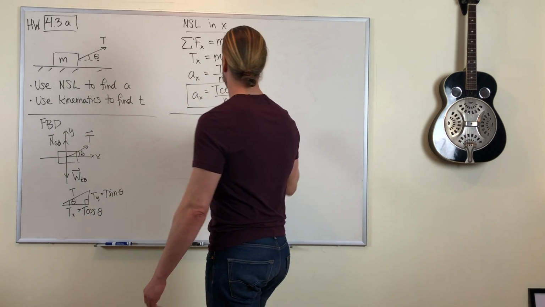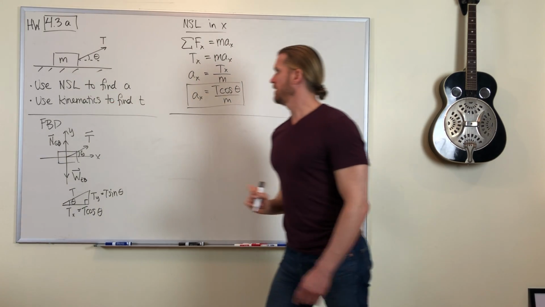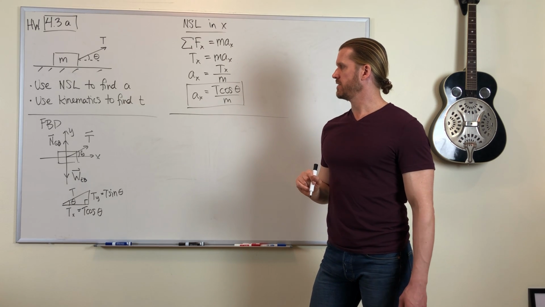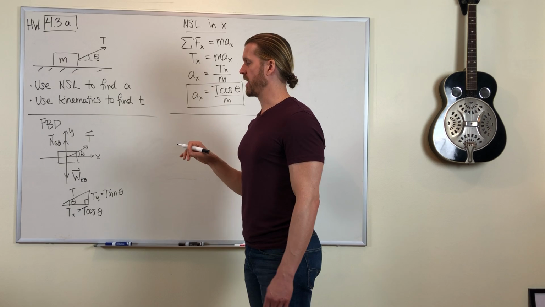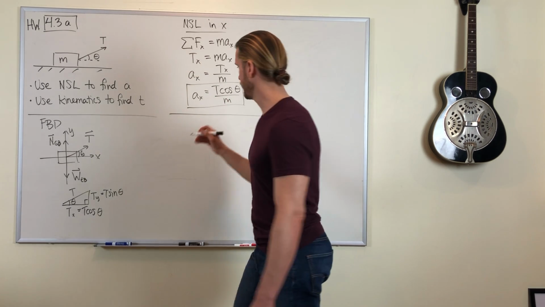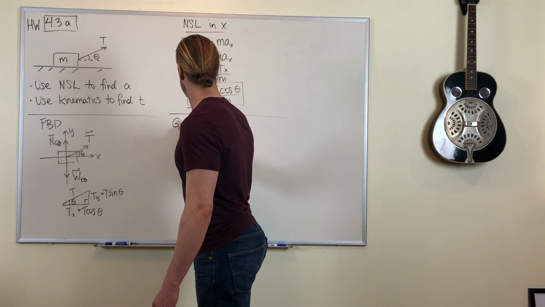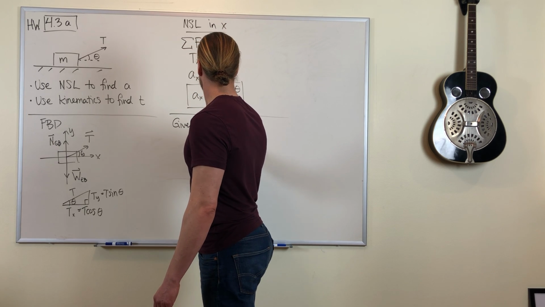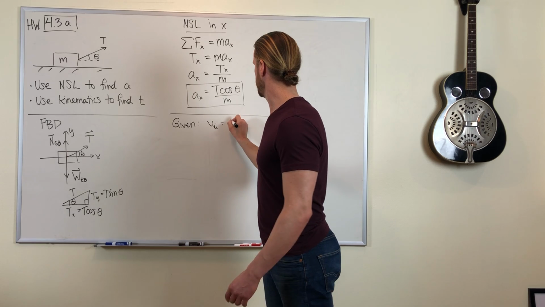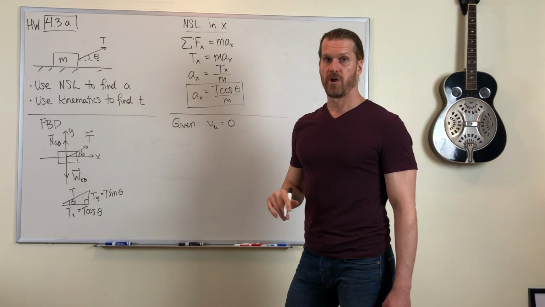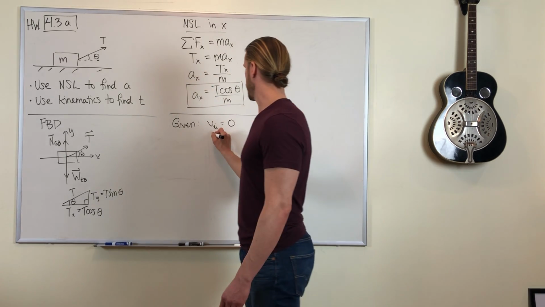All right, so now the next part of this question, use kinematics to find time. Well, what the problem says is that the box starts from rest. So Vx initial is 0. The problem tells us how far the box goes.